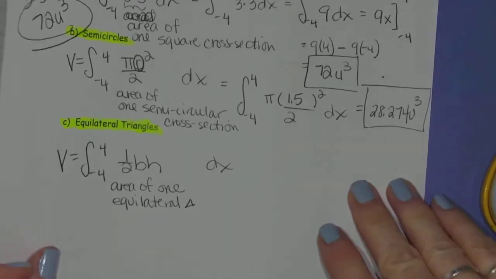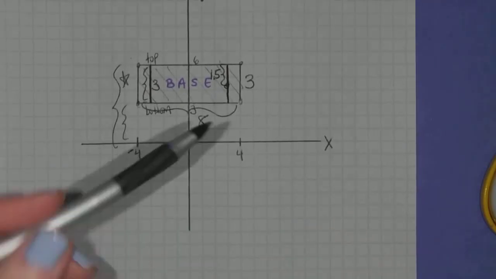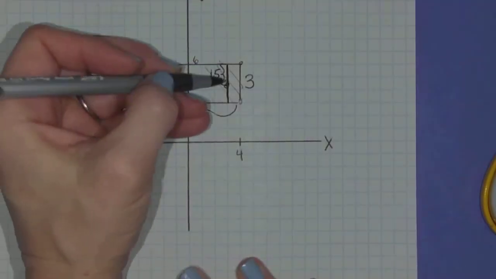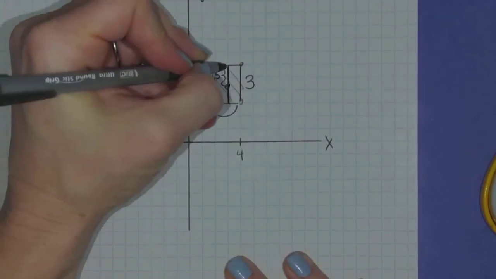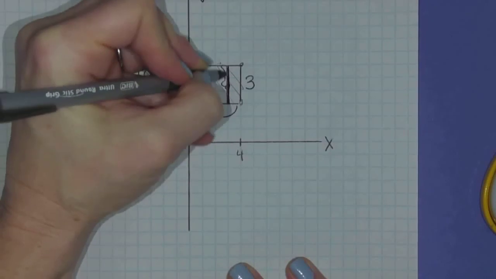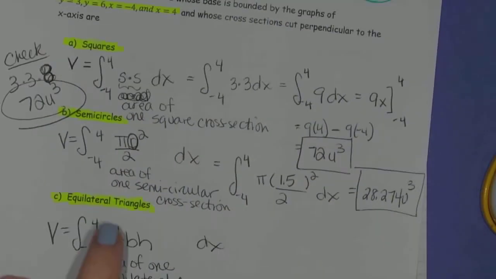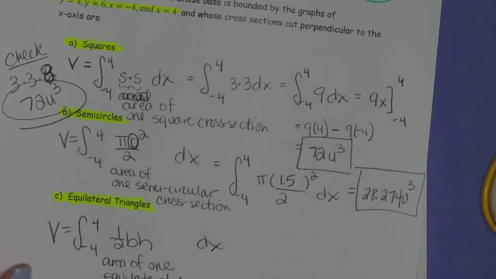So again, one more time, back to my picture. This is where in 2D it is so hard to envision, but okay, here's the base of the equilateral triangle. That's 3. So this B right here is going to be a 3.